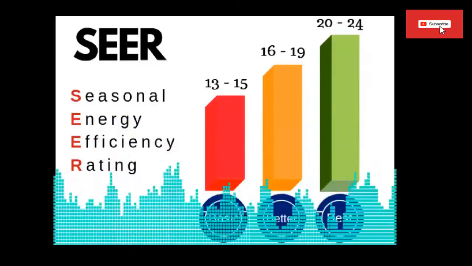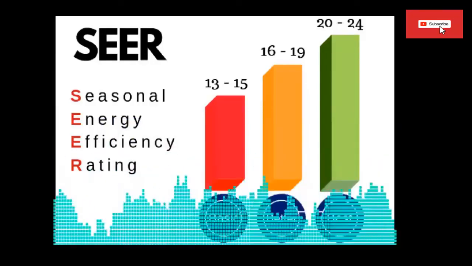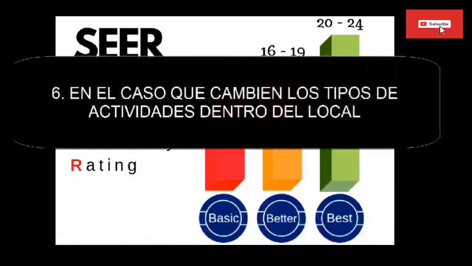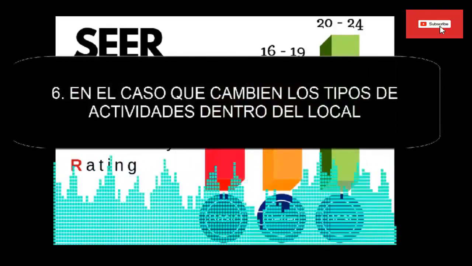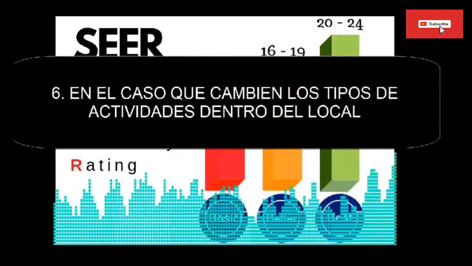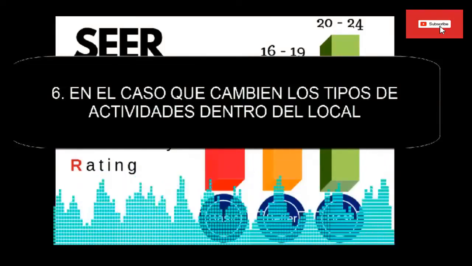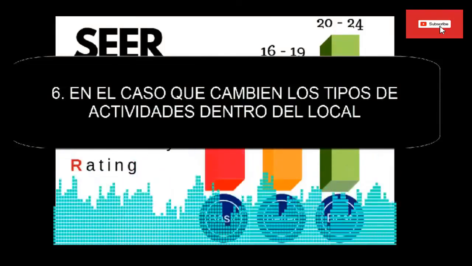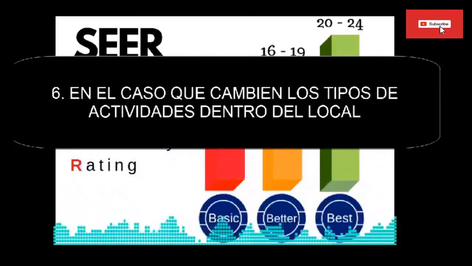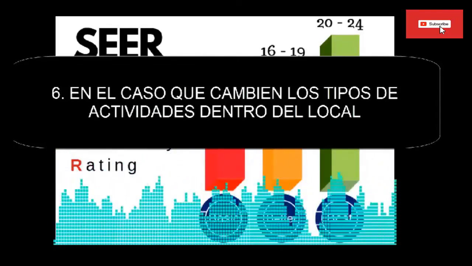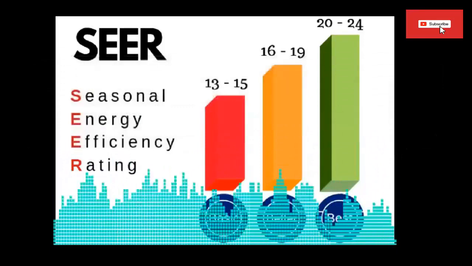Let's go then with criterion number 6. It is more profitable to buy a high-performance inverter air conditioner when the activities carried out in that place are different in the same week or throughout the month, when at some point we do one activity and at another time we do another activity. There is variation in the thermal load due to a change in activities.